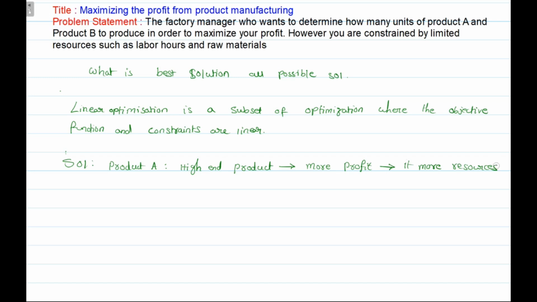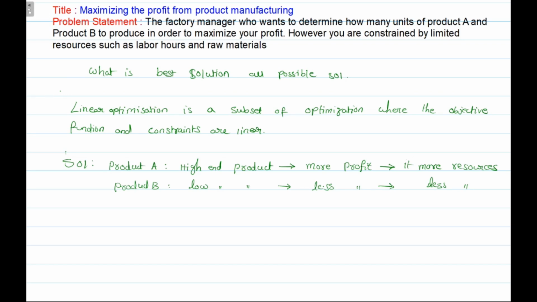And the second one is product B, which is a low-end product, with less profit, and it consumes fewer resources. Okay. So these are product A and product B.